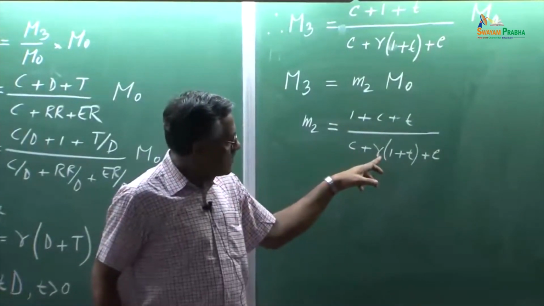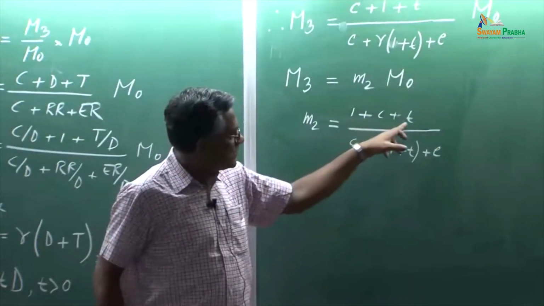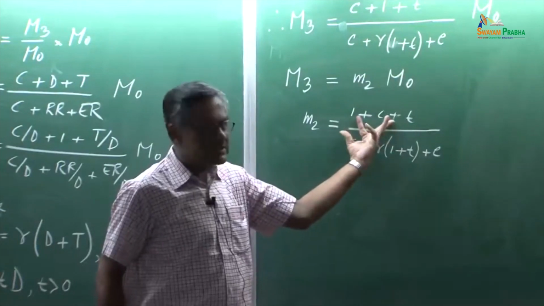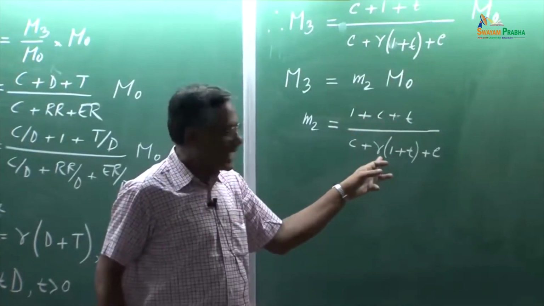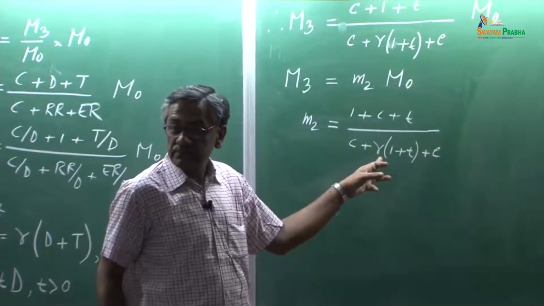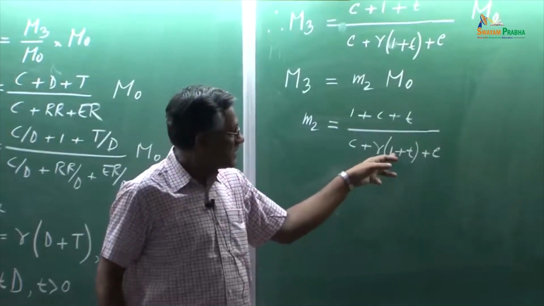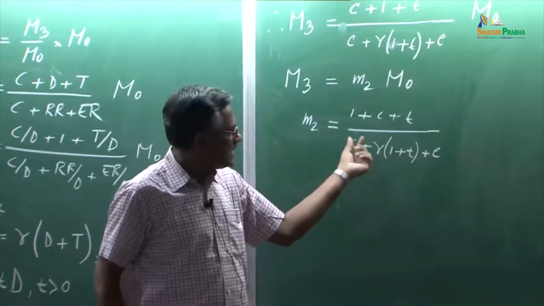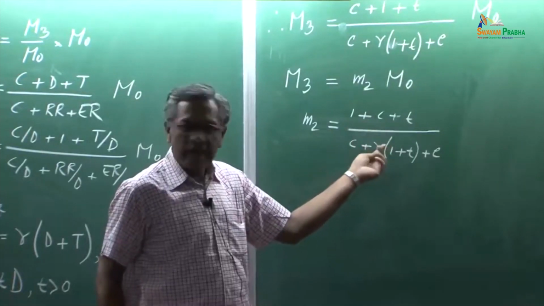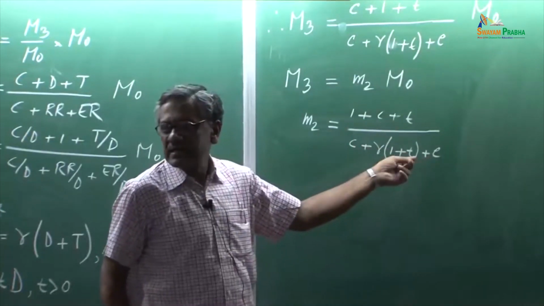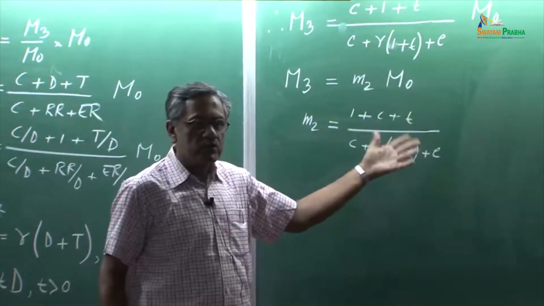Now, gamma of 1 plus t is a fraction of that 1 plus t here. Gamma is 7% or something. So, 7% of 1 plus t is small, plus c is definitely less than that. And how much e would you add? Very little e you have added. So, it is greater than 1.